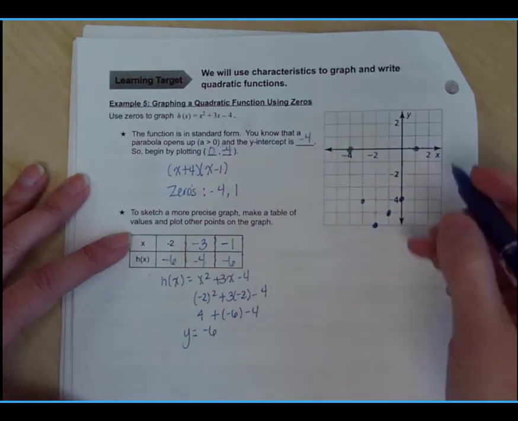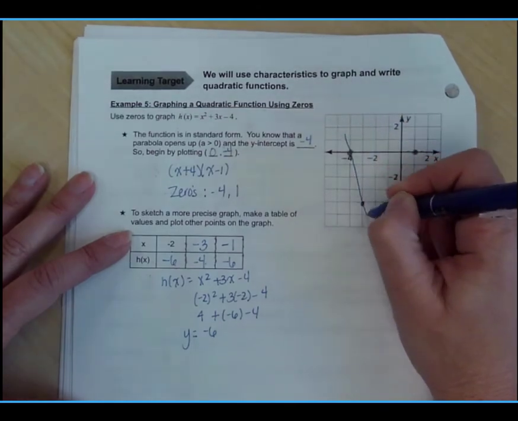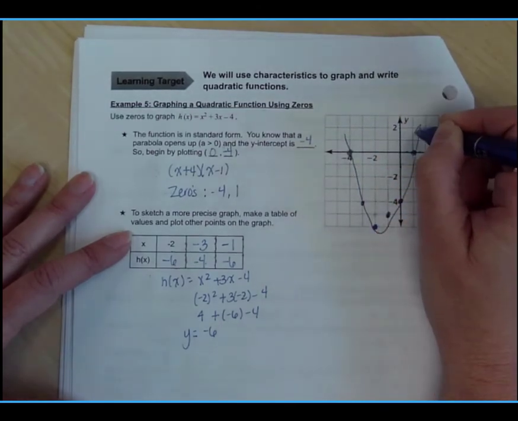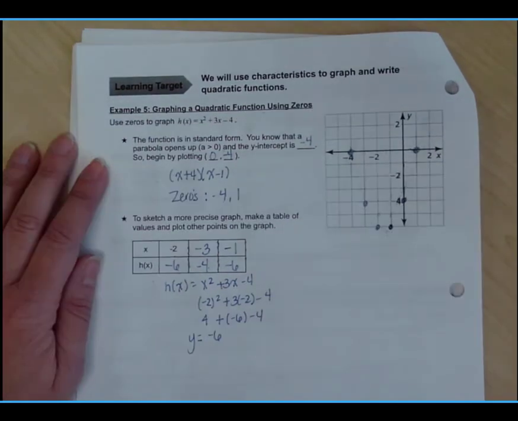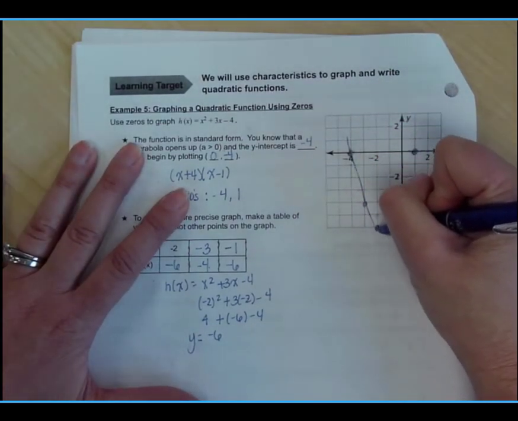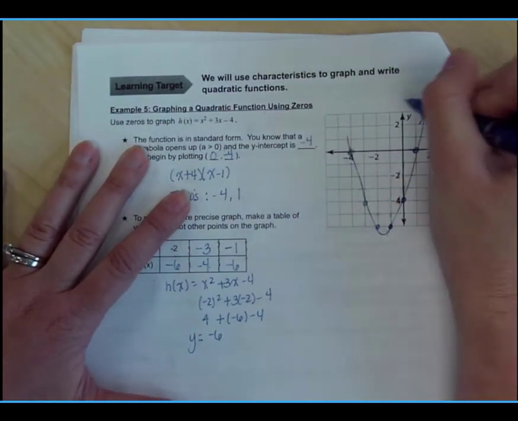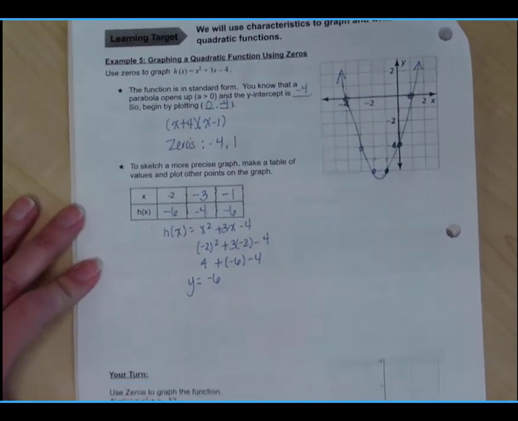So I'm pretty close. I went ahead and plotted these points. Next, I'm going to connect my points for a parabola.